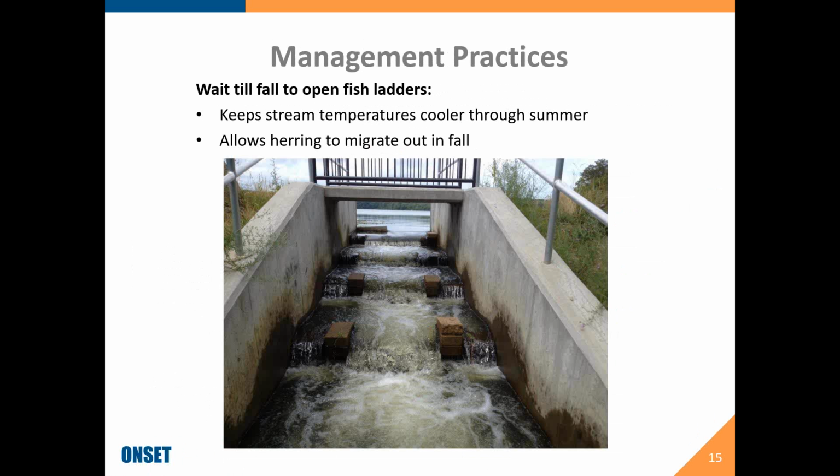Now, they have to open up the fish ladders because another species of fish that lives in these ponds and streams is herring, and the herring actually go up in the spring to spawn, and they go up into the ponds, and they'll spend much of the summer in the ponds, but they need to get back out to the ocean for the winter, and so they need to open up the gates for them to come out. But that also releases the warm pond water, so you want to wait until the ponds have cooled enough so that you can safely release that water into the streams.